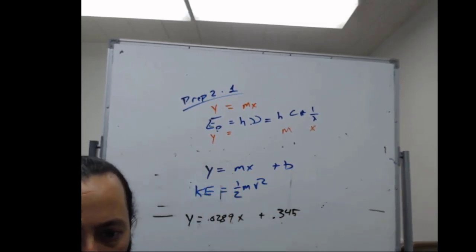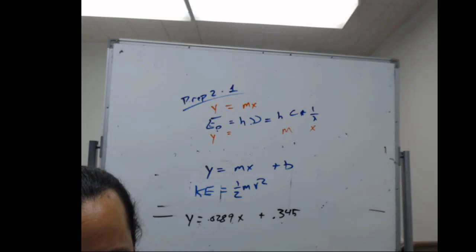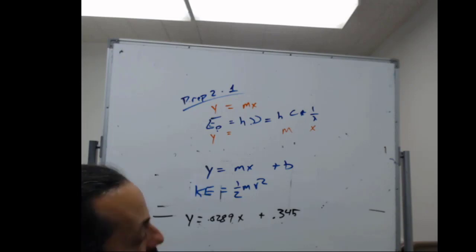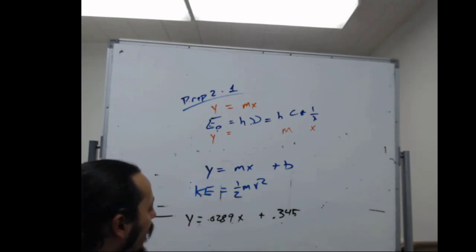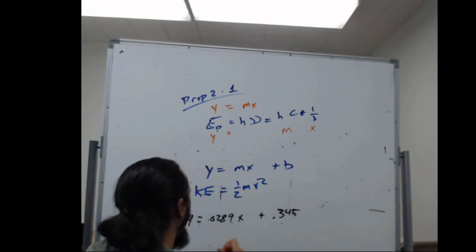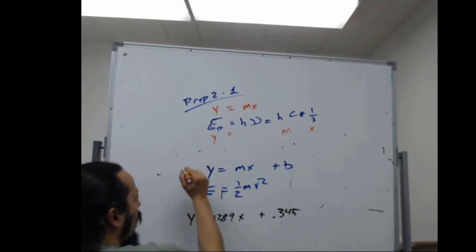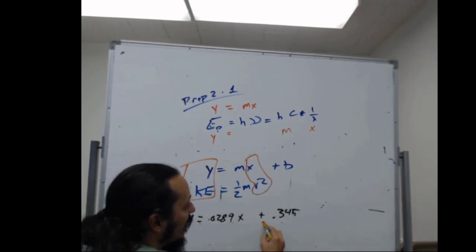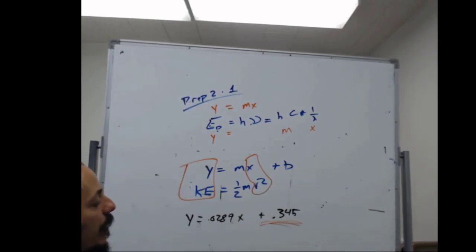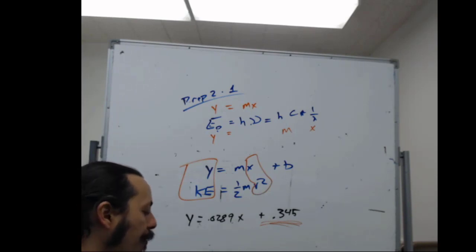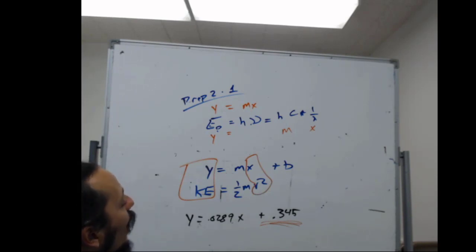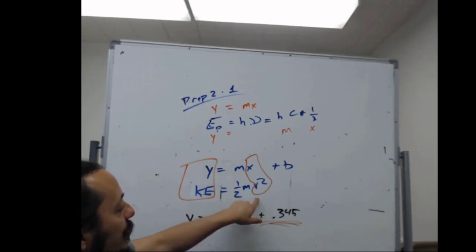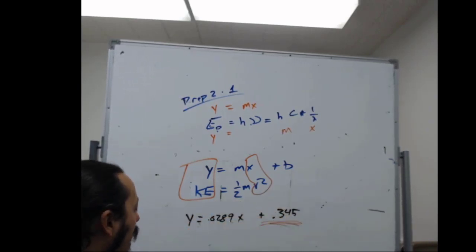Really 346, but 345-ish. Theoretically, looking at this equation for kinetic energy, the y-axis is kinetic energy, the x-axis is v squared. This plus 0.345 represents some variation, some error in the measurements that is throwing off the ideal. Because ideally, zero kinetic energy would be zero velocity. Here we've got some error.